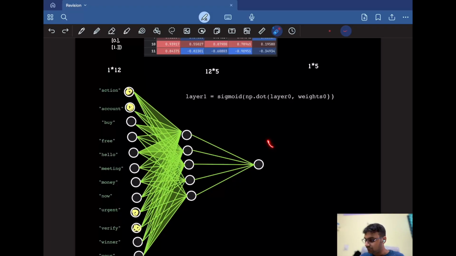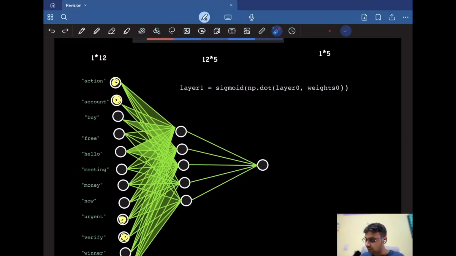If the y actual is, let's say, 1, and our model is predicting 0.3, then this deviation is 0.7. This is our loss. There are multiple ways to calculate this loss, by which we can tell the model how much it is deviating.